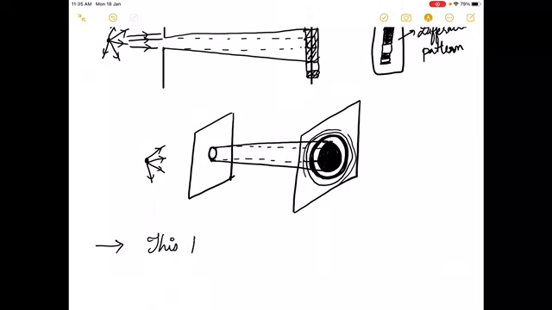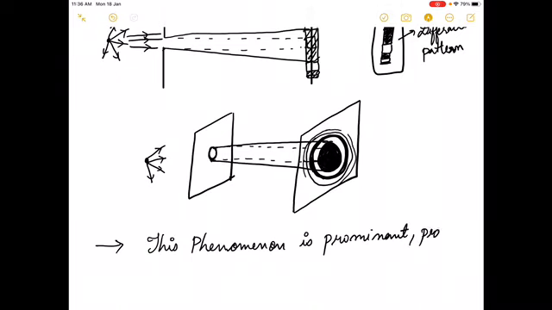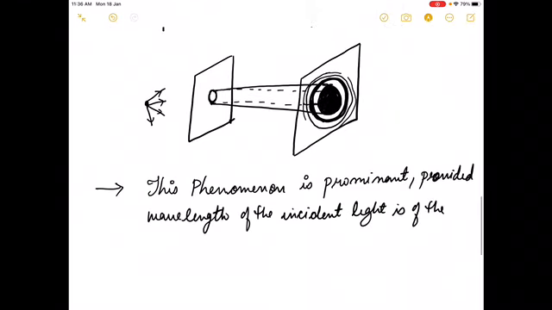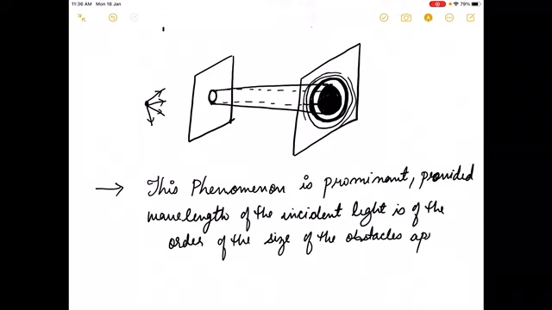This phenomenon is prominent, provided, this is a very important point, provided the wavelength of the incident light is of the order of the size of the obstacle's aperture, right?